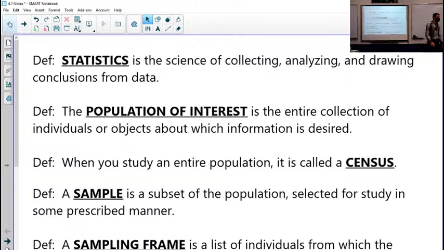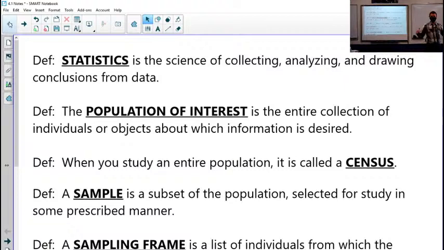So if we went through and tallied up all the words in the speech and got that amount, then we'd be taking what's called a census. So if you're actually sampling the entire population, then you're doing a census. This doesn't happen very often. It happened this year in the United States.